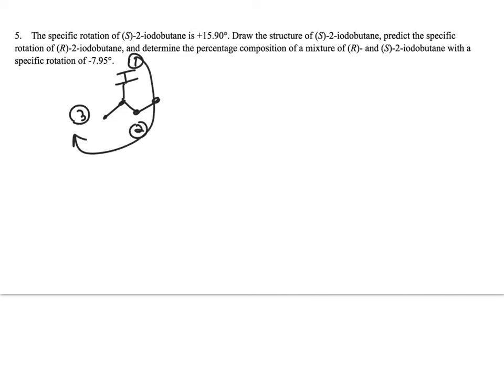So 1, 2, 3 would be R if the hydrogen is coming at you. So I'm going to make a little dash coming back, and I'll make hydrogen coming at me. So let's just check this again. 1, 2, 3 is clockwise, which is R, but the hydrogen's coming at me, so I'm going to switch this to an S, and it wanted S. So we're good there.